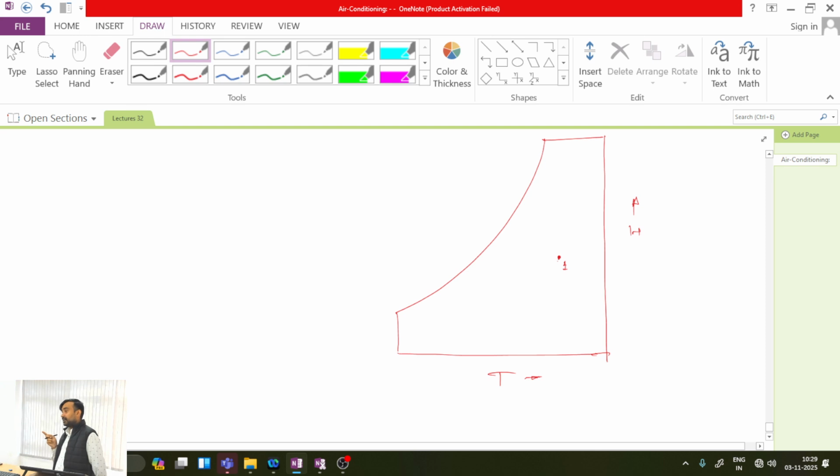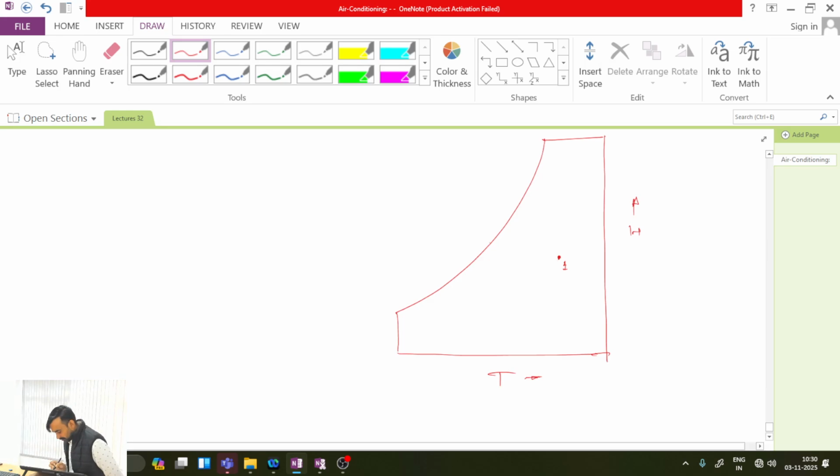What I have done is I have added hot water. So it's very clear, when I am adding hot water to air, what will happen? Temperature of air will also increase. And this equation is also telling us that the wet bulb temperature of state 2 will be more in comparison to the wet bulb temperature of state 1.